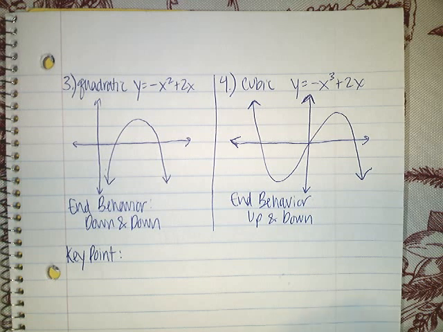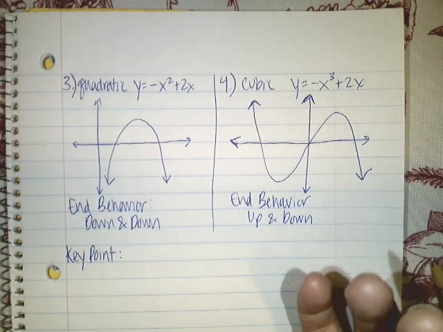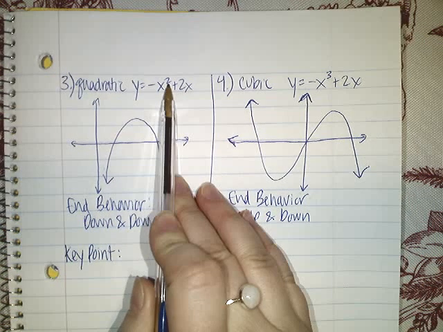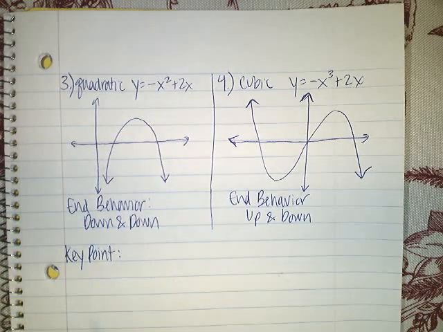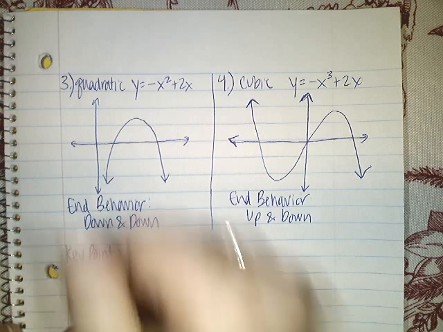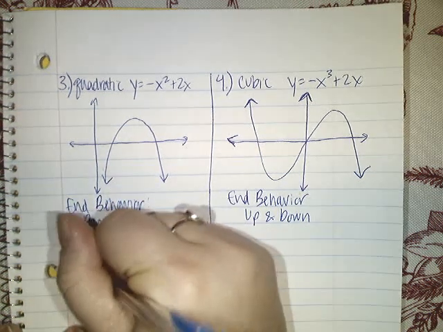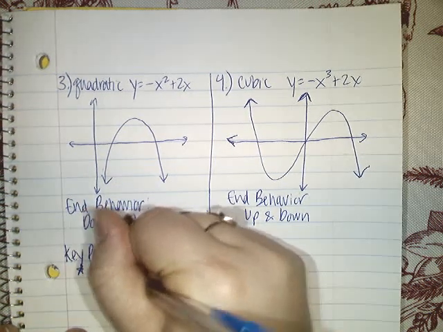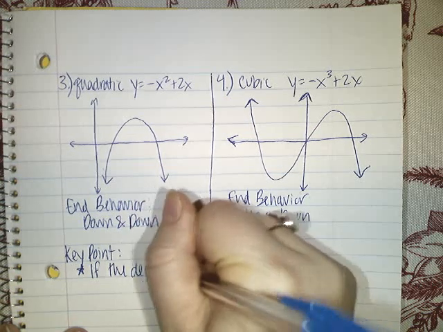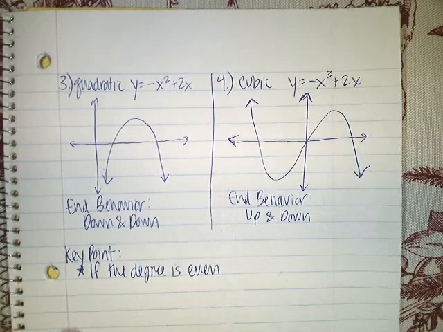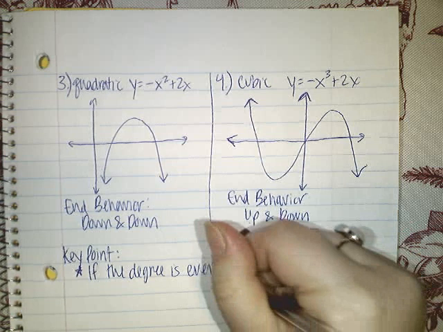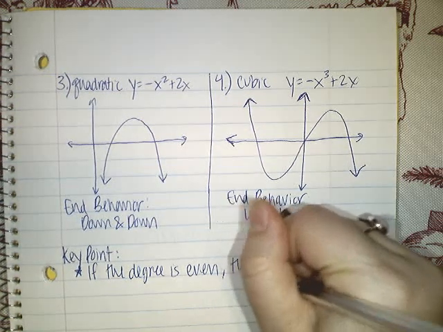So the trends I want you to notice here is that when we have an even degree, this is going to be one of our key points. If the degree is even, then the end behavior is the same on both sides.